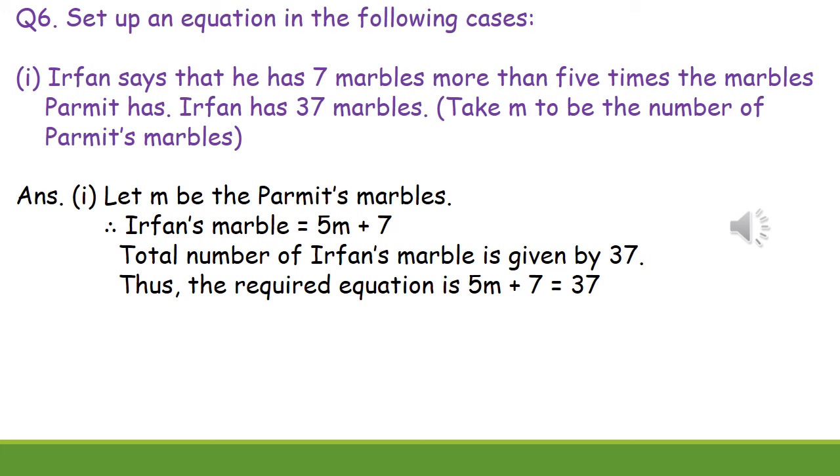So according to the given condition, 5 times of Parmit's marble will be 5m. 7 more means 5m plus 7. So total number of Irfan's marbles will be 5m plus 7, that is equal to 37.